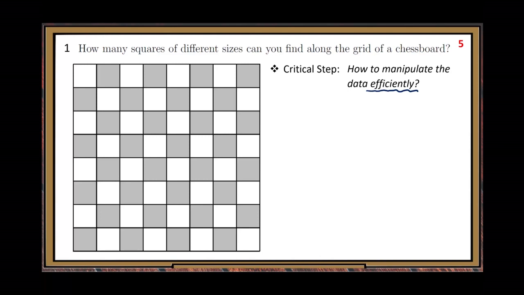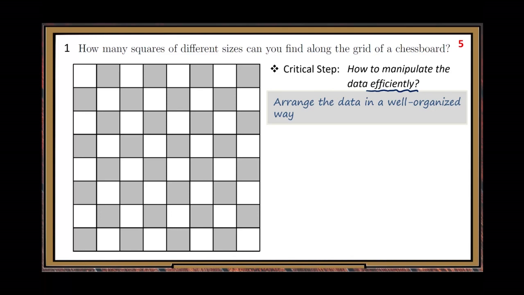What do we mean by an efficient way to manipulate the data? Typically in solving a computing problem, you arrange the data in a well-organized way. That's typical work you need to do: organize the given data.